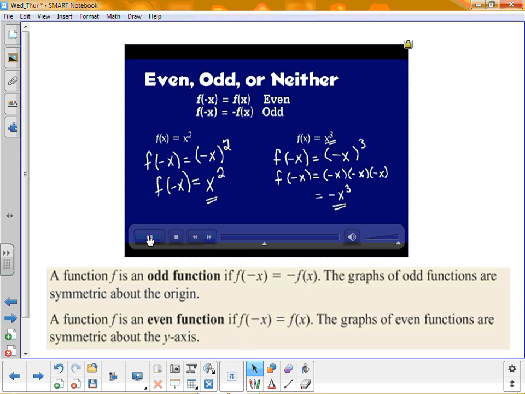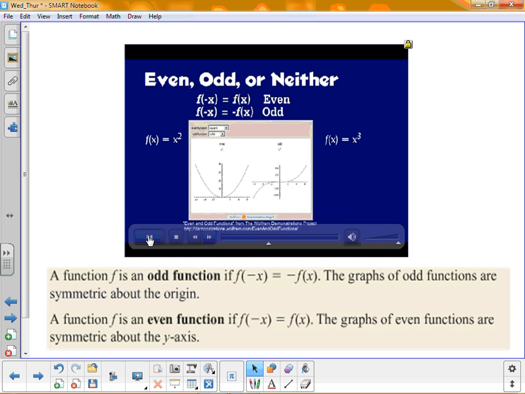Opposite. That function is odd. That's how I keep up with it, guys. Odd is opposite. Odd is opposite.